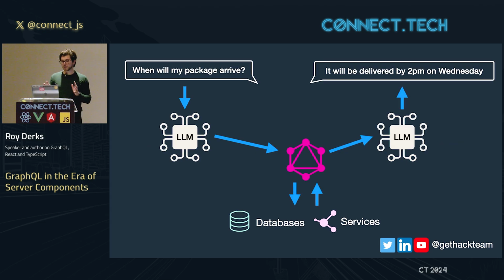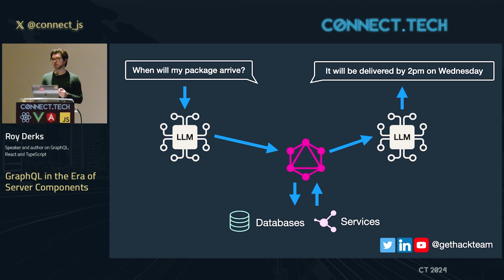Imagine a situation where you ask a large language model, when will my package arrive? Without context, it will say, I don't know what you mean, I don't know what a package is, or how to retrieve any packages. That's why a lot of people are enriching the knowledge base of a large language model with tool calling.